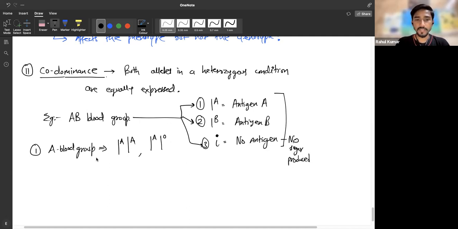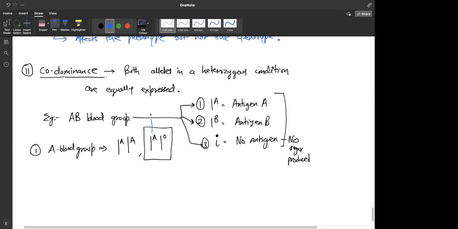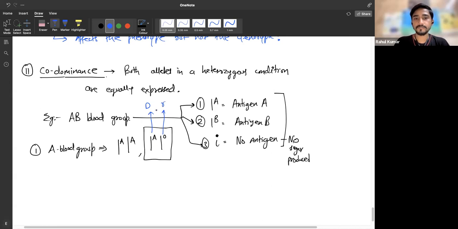So for A blood group, the possibility is IA IA or IA IO. In this condition, the law of dominance is being followed. It is a heterozygous condition. This is the dominant allele and this is the recessive allele. IA always dominates over IO because IO does not produce any sugar, so only IA will be produced and that will show.